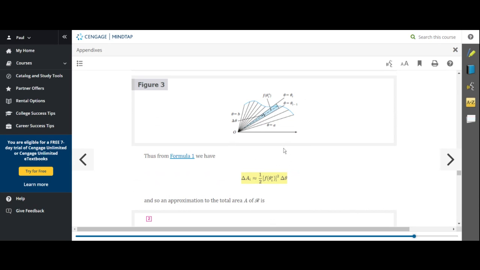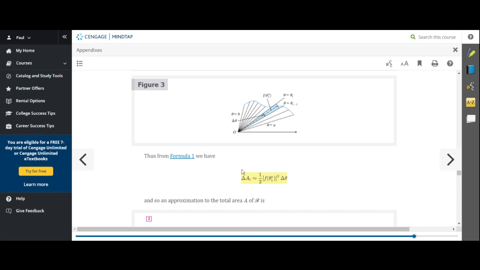Well, in our case, the radius that defines the edge of the sector is defined by r equals f of theta, and the difference in the angles that make up the sector would be delta theta. And of course, then you get a little area of delta A sub i for the ith sector underneath the polar curve.